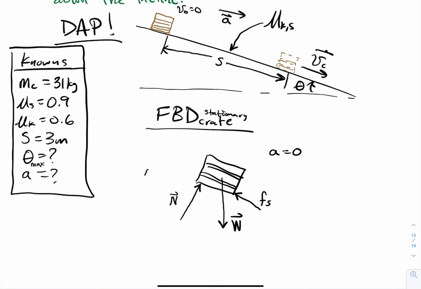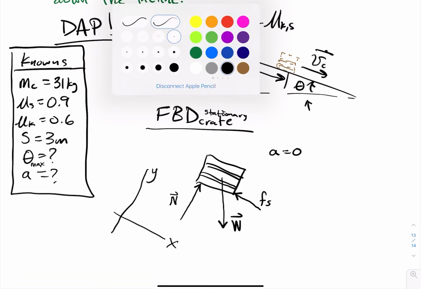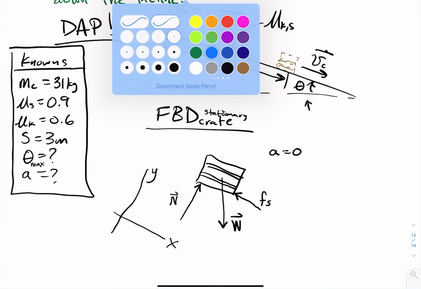And so all I have to do is create my xy plane on the same angle as the incline. Now my normal force will only be in the y direction, and my friction force will only be in the x direction. And so I will have to show the components of only one force, the weight force.